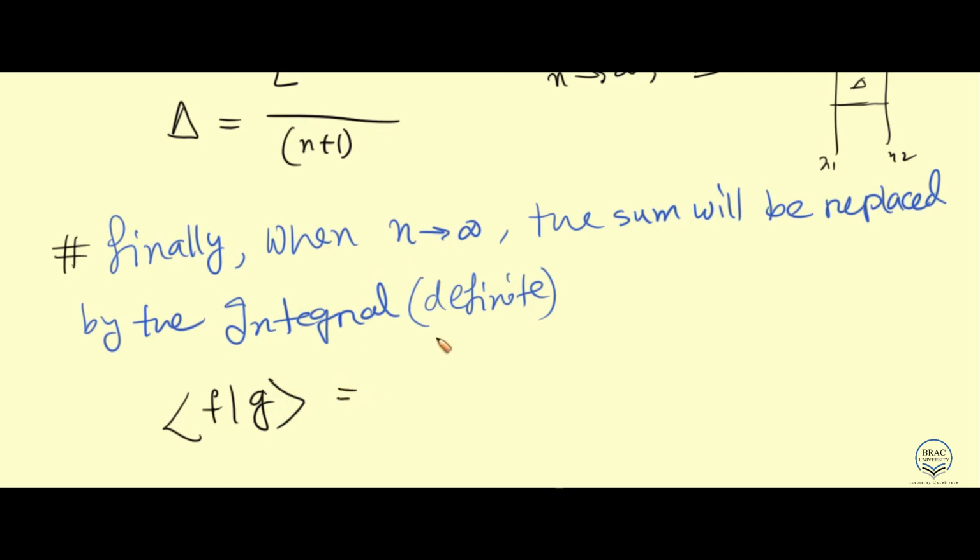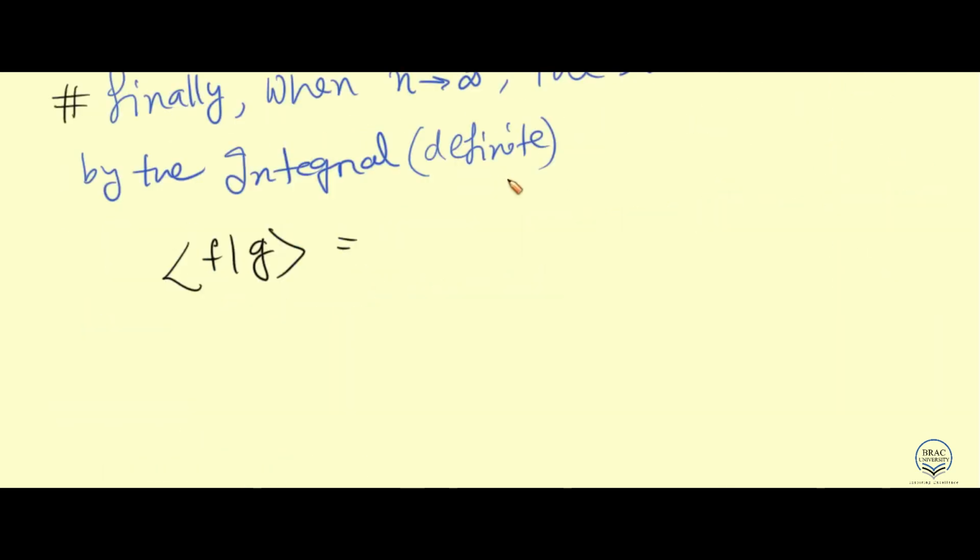And finally, if you replace this delta with dx and this sum with an integral, this will look like the integral from 0 to L of f of x, g of x dx. Also recall that f and g are real valued functions.